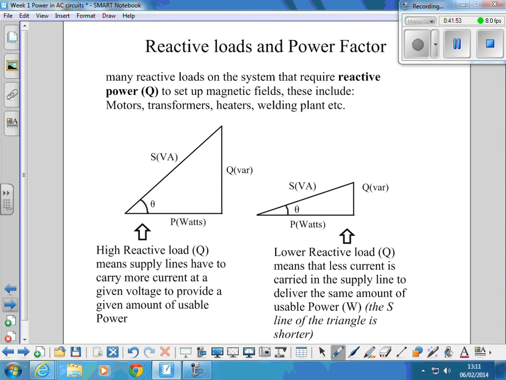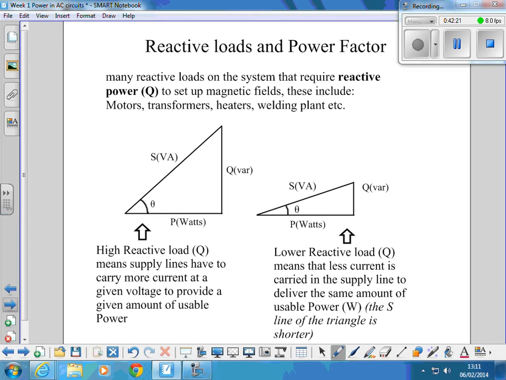If we have a high reactive load, the left-hand diagram, Q relative to P is quite large. It means the supply lines have to carry more current, because if we assume voltage stays the same, then the current must be more to provide the same amount of power.